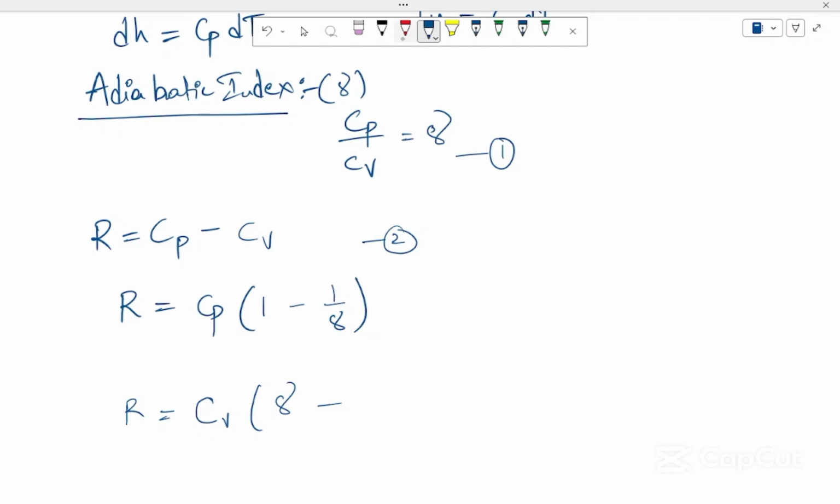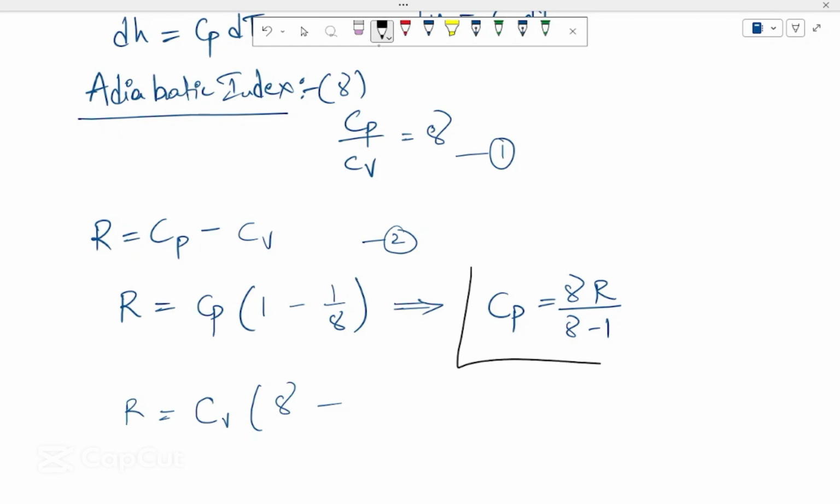If I take Cp as common, 1 will be remaining here, and I'll get Cv by Cp, which is nothing but 1 by gamma that I have written here. And the same expression can also be written in the more famous form, Cp is equal to gamma R by gamma minus 1. This is more famous comparatively. This is nothing but your relationship between Cp and R without Cv.